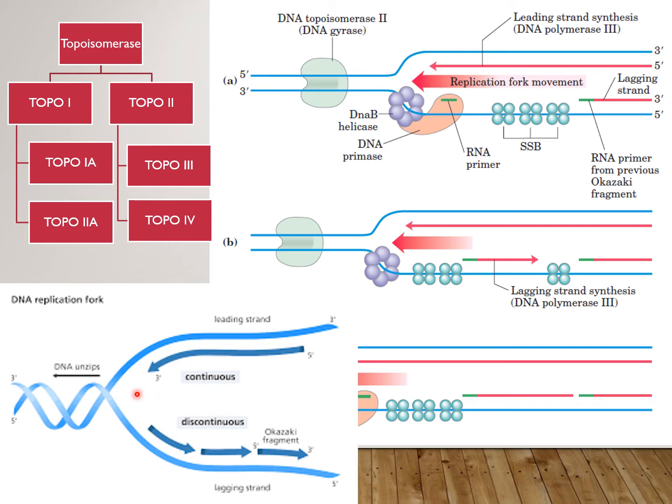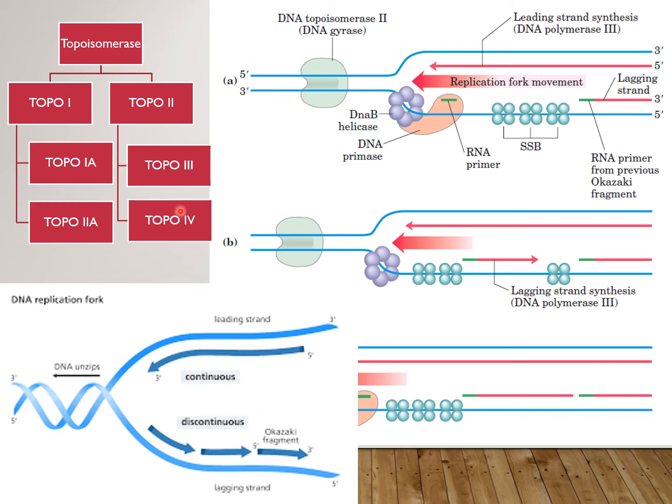So basically, whatever pressure is created over here is released by topoisomerase 2, that is DNA gyrase. Now this topoisomerase 2 belongs to the family of topoisomerase 1, which breaks a single strand of DNA, uncoils the DNA and rejoins it.